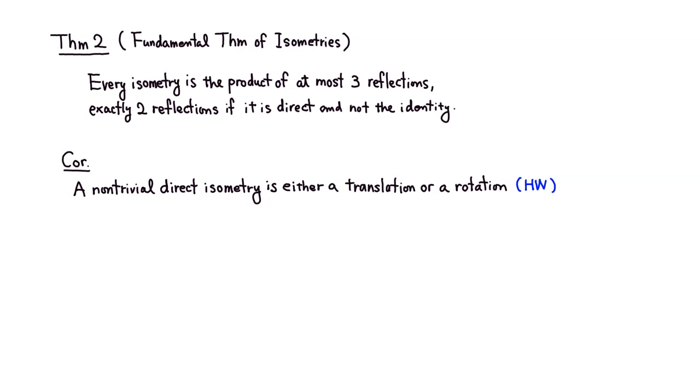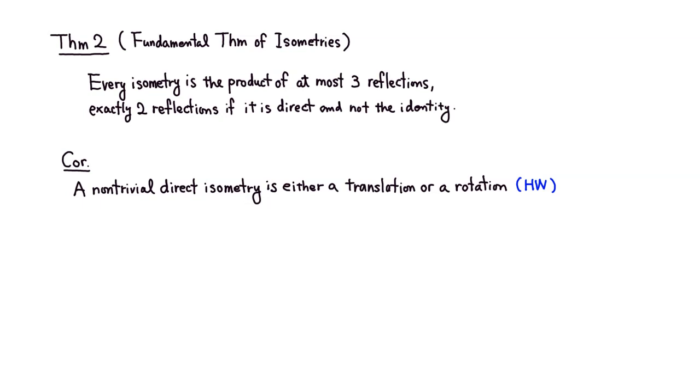All right. So remember that Theorem 1 tells you that if two isometries agree at 3 non-collinear points, then that is sufficient to conclude that those 2 isometries are actually identical. All right.